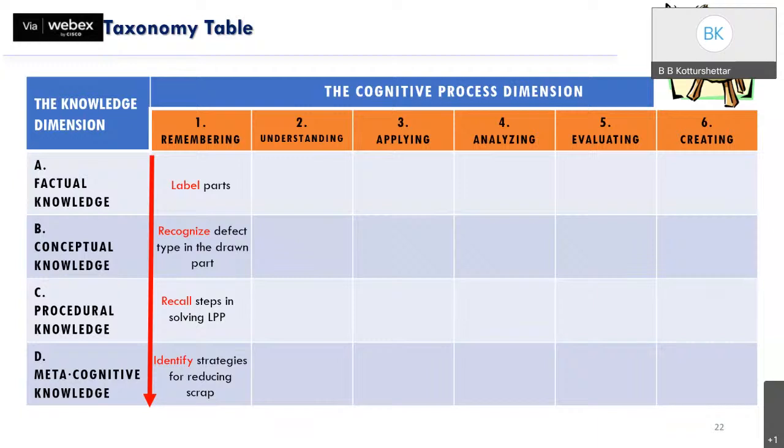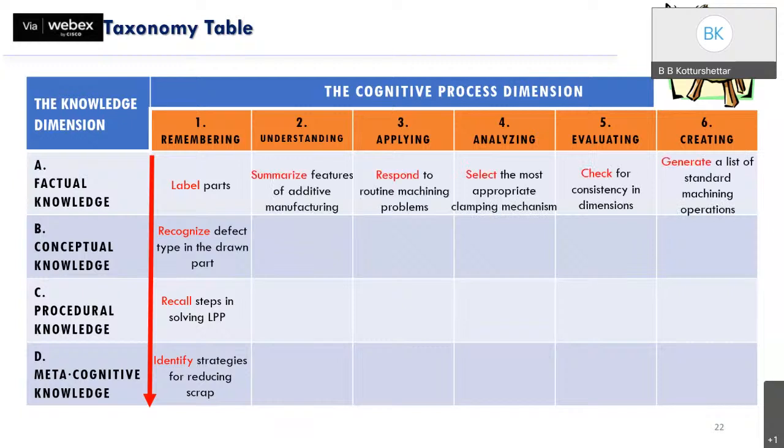Whether it is outcome or whether it is question, the action verb has a key role to play in deciding the cognitive process dimension. So whether it is factual knowledge or whether it is metacognitive knowledge, all of them can be tested at the remembering level.